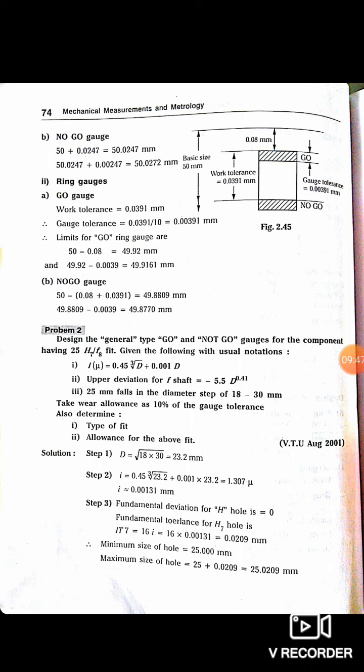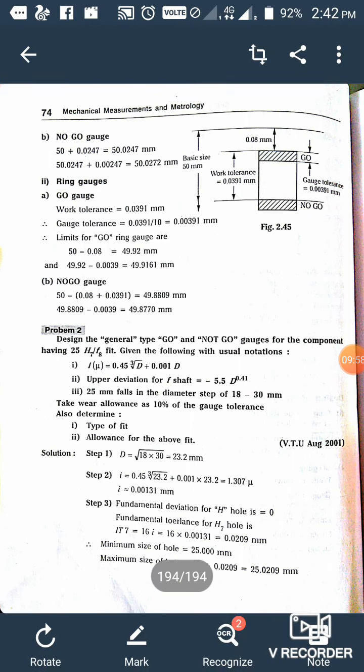Limits for the go ring gauge: basic size minus fundamental deviation, that is 49.92 mm, one dimension. Then 49.92 minus the gauge tolerance is 49.9161 mm. So these two dimensions are for the go side of the ring gauge.